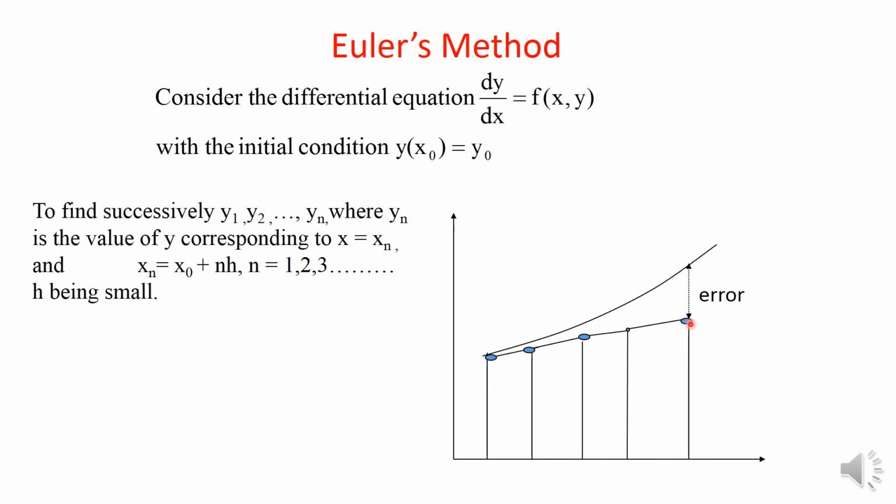So here we can see this is the error in the value which has been approximated, and the actual value lies on the curve, and the approximated value we have obtained with the help of Euler's method. So this is the error in the result.